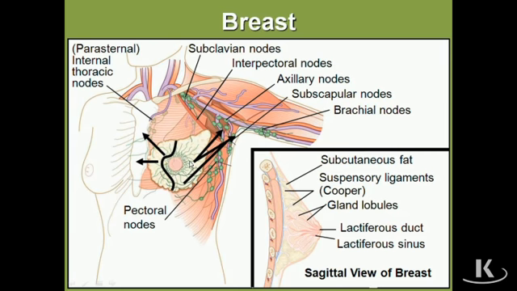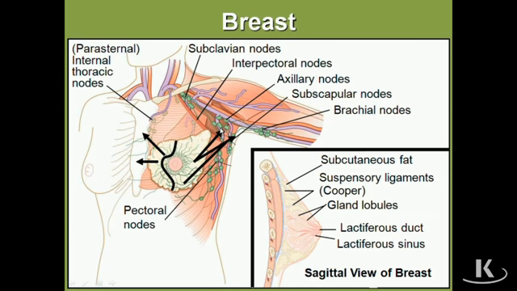And so therefore the most common pathway for lymphatic drainage or metastasis of these tumors is toward the axillary lymph nodes. And that's why axillary lymph node biopsy is a critical element of the staging of breast cancer, because that's the direction to which you would expect the tumor to metastasize.